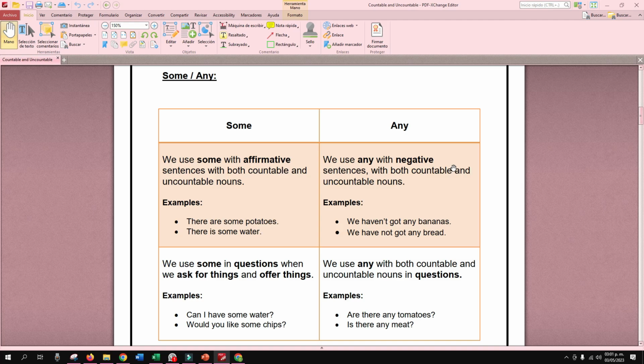We use some in questions when we ask for things and offer things. También podemos utilizar some con preguntas cuando estemos preguntando por cosas o ofreciendo cosas. Can I have some water? You're asking for water in that case.